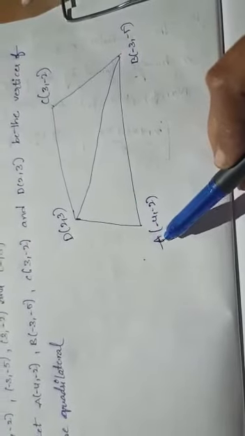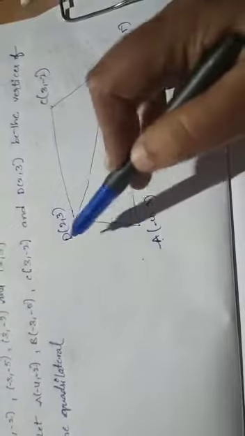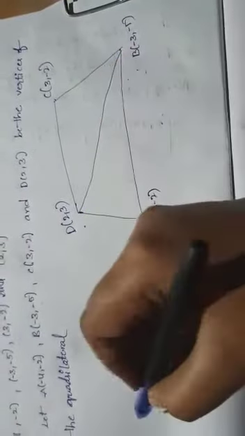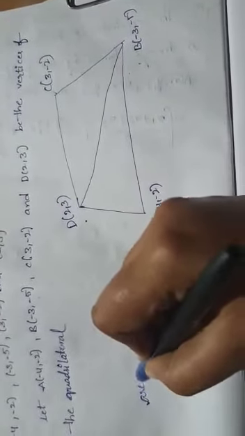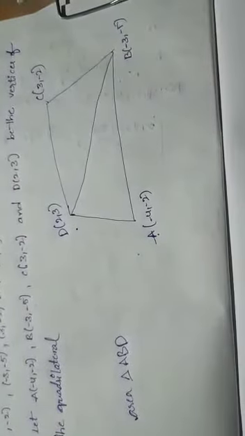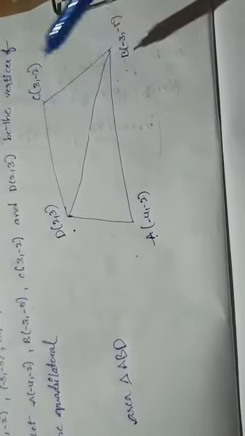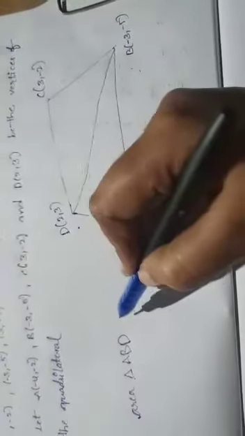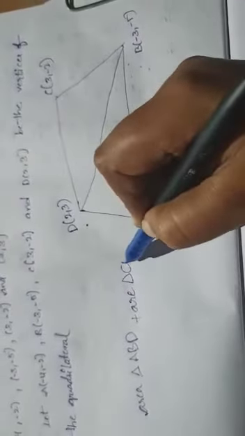First triangle, triangle ABD, area of triangle ABD. Second triangle, triangle CBD, area of triangle CBD.